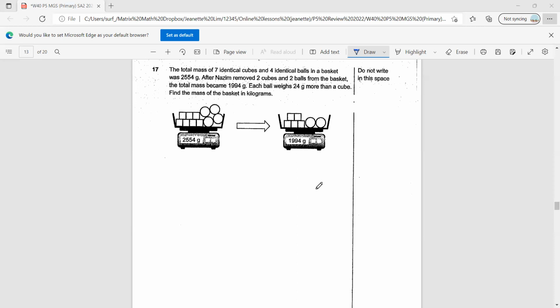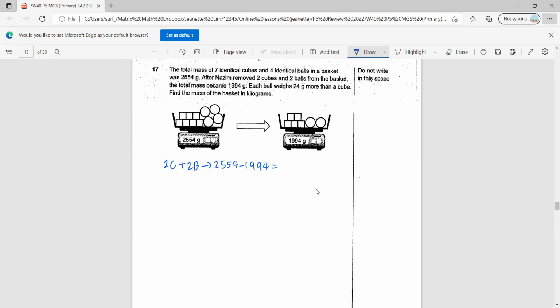Okay, so first you need to compare. So what is missing is your 2 cubes and 2 balls, right? Which he took out. So let's find the mass of 2 cubes and 2 balls. So find the difference. 2554 minus 1994.